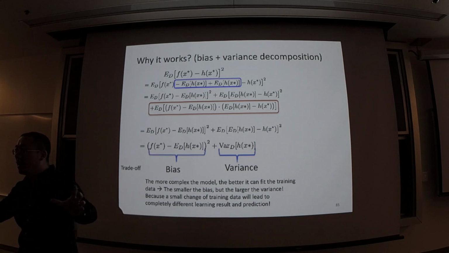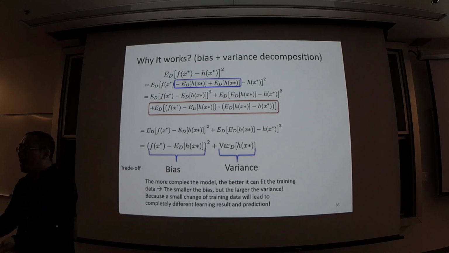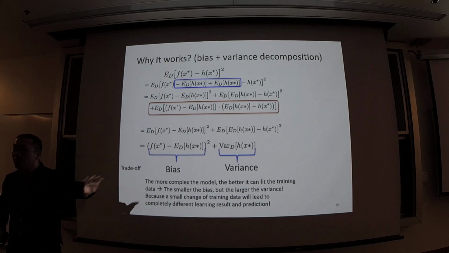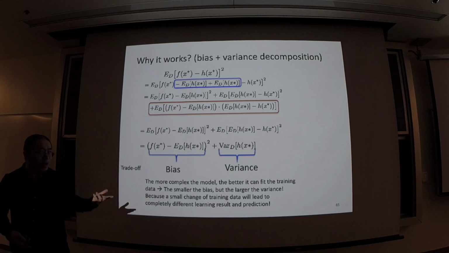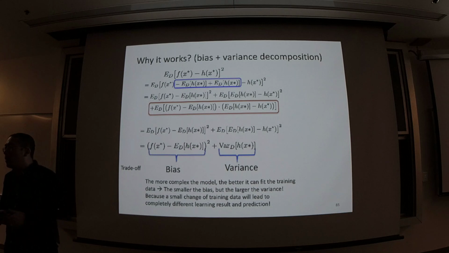On expectation, when I have seen all possible training sets, I take their average. Obviously, it will do well in predicting future examples, because future examples are generated from the entire data distribution. But if you use a simple classifier, for each particular training set you draw from the data distribution, it doesn't fit very well. So in each specific case, it doesn't work very well, and when you take the average, it doesn't work as well.